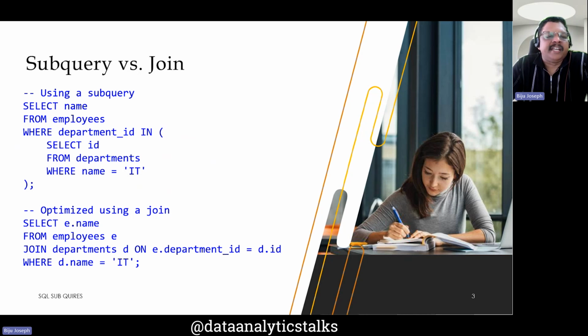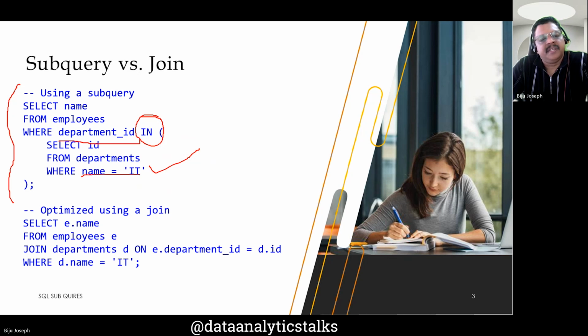Coming to a practical scenario, you want to know the employees in the IT department. How do you do it with a subquery? You select name from employee where department ID in, note the IN, select ID from departments where name equal to IT. So this is a subquery.